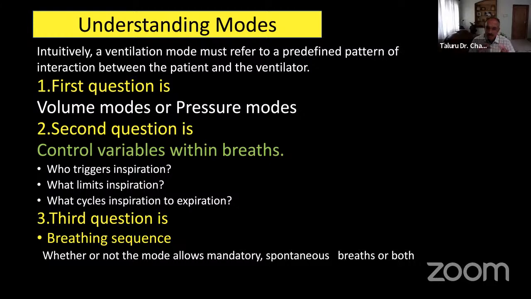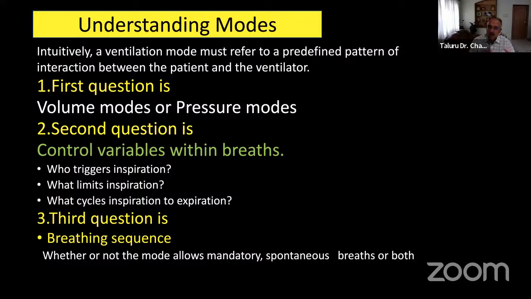Whether in a minute, does it have only mandatory breaths or limited breaths? Or do you have mandatory breath, assisted breath, supported breaths, or a combination of them is what you have to look at. Like in SIMV, if you put a patient on a pressure control SIMV, he will have a mandatory breath, he will have a supported breath.